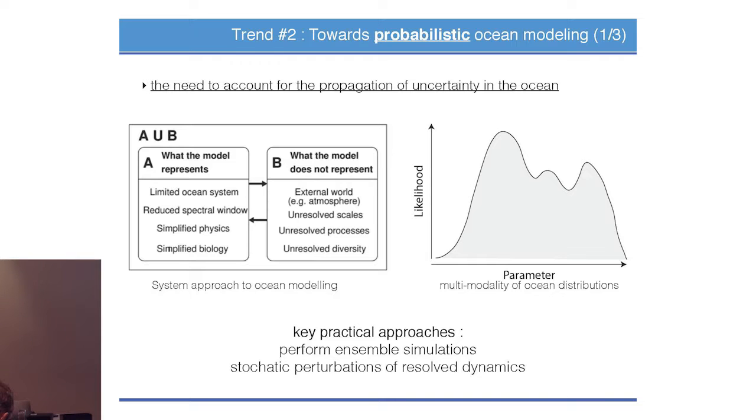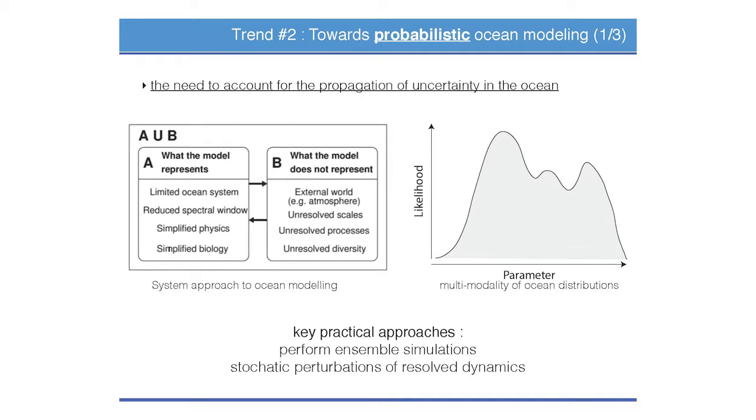If you go at sea in the ocean and measure, say, sea surface height at one point, you just build a statistical description of it over long time scales, what you'll see is that there's a fair chance that the variable you're looking at will have a multimodal distribution, meaning that one particular trajectory of the system might not be a good description of the actual system itself, because there are several possible states that are compatible with your a priori knowledge of the system.